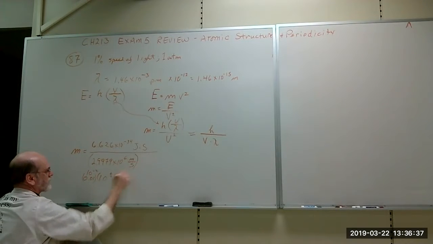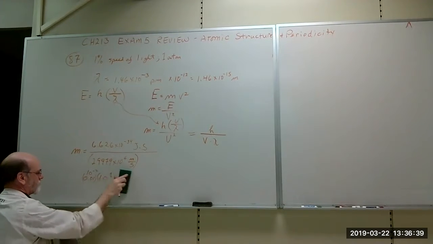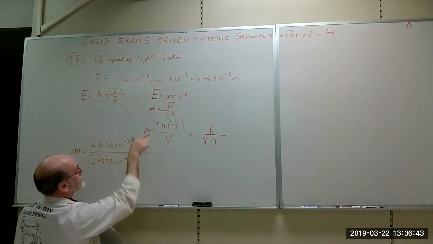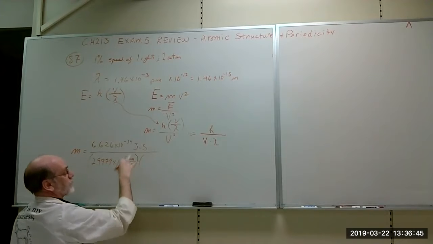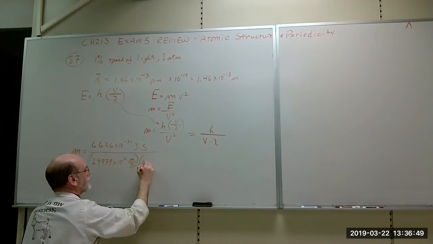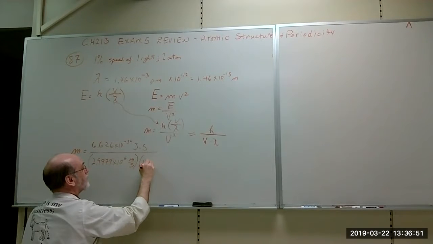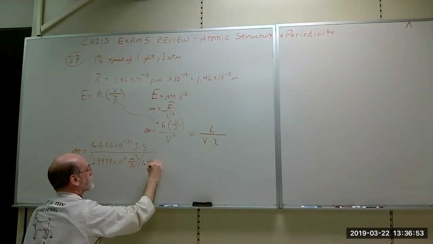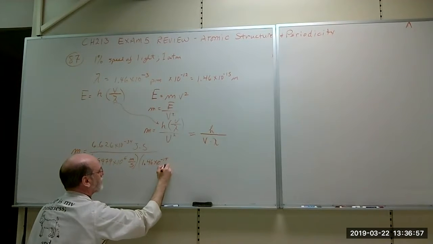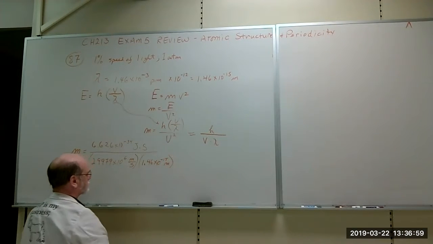That's our velocity. Okay? And then our wavelength is in meters, so it's good that we changed to meters already. 1.46 times 10 to the minus 15 meters.